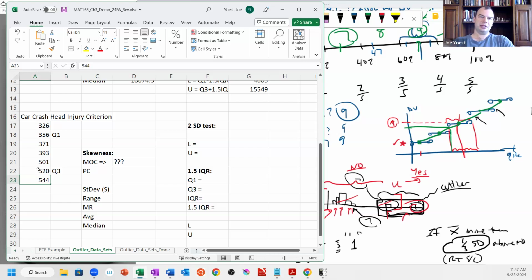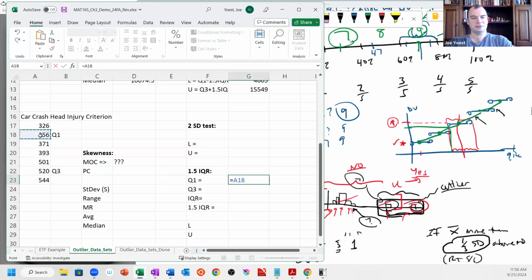And then 86% down to 72% will be the percentiles allocated to 520. And 75% falls in that bin of 72% to 86%. That's Q3.